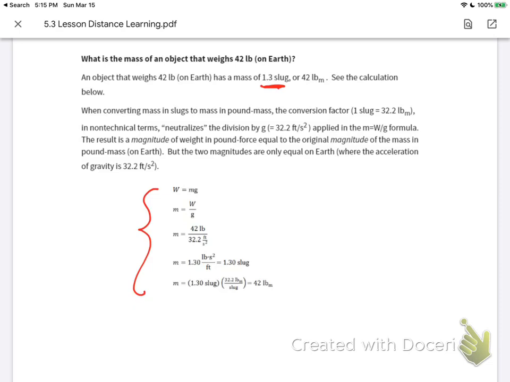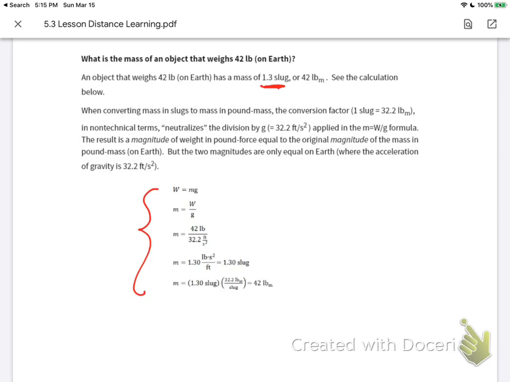So look at what they're doing. Here's your equation: weight equals mass times gravity. The next step is they rewrite it so that you are trying to find mass. You take the weight, which is in pounds, so 42 pounds. The force of gravity is 32.2 feet per second squared in the U.S. customary system.